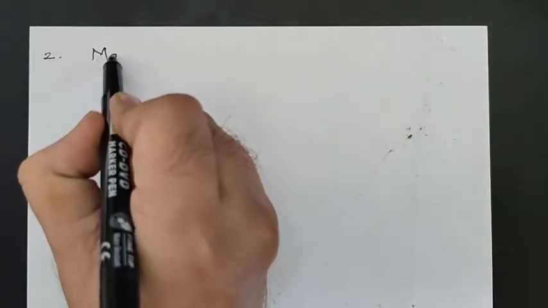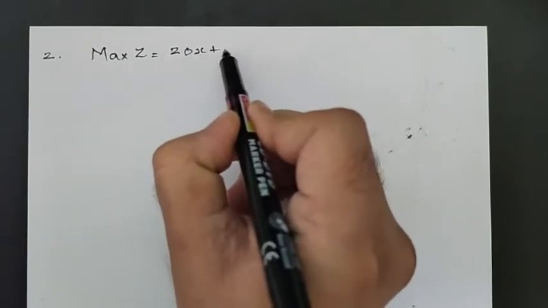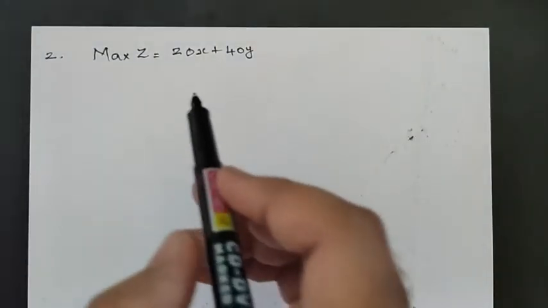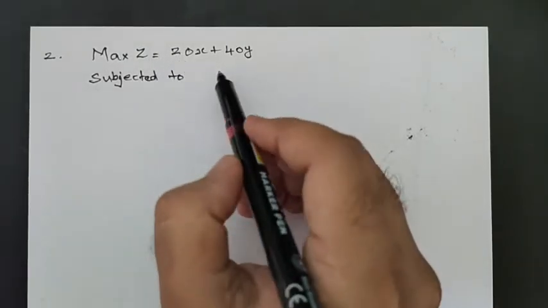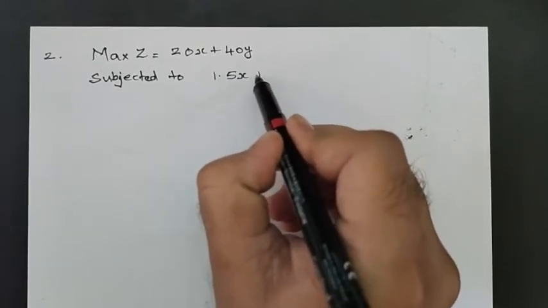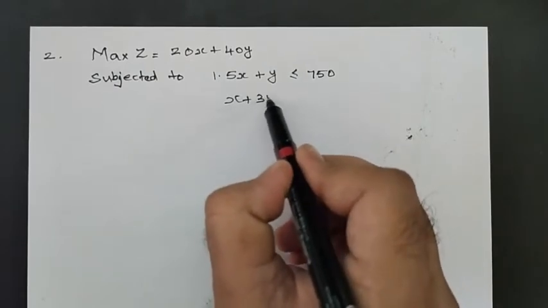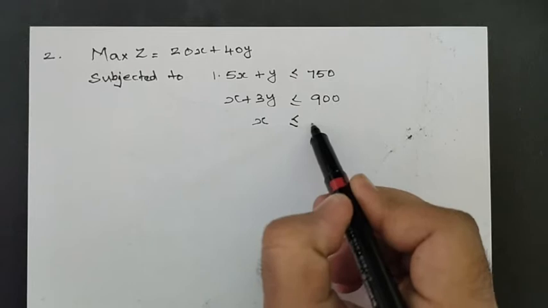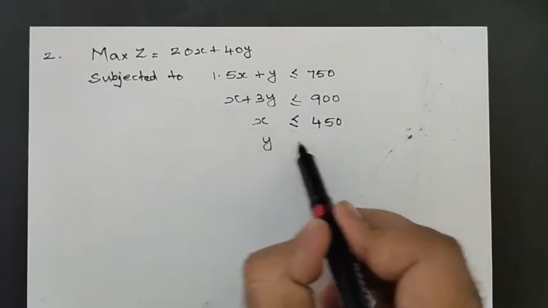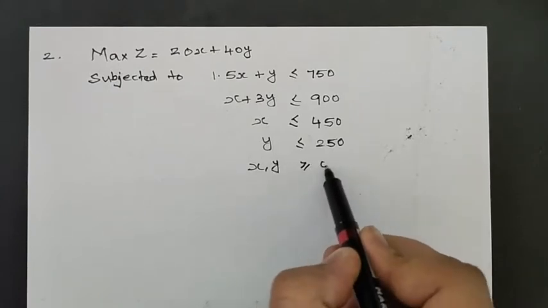Okay, let us see. The problem is: maximize z equals 20x plus 40y, subject to the constraints 1.5x plus y less than or equal to 750, x plus 3y less than or equal to 900, x less than or equal to 450, and y less than or equal to 250, and x, y greater than or equal to 0.